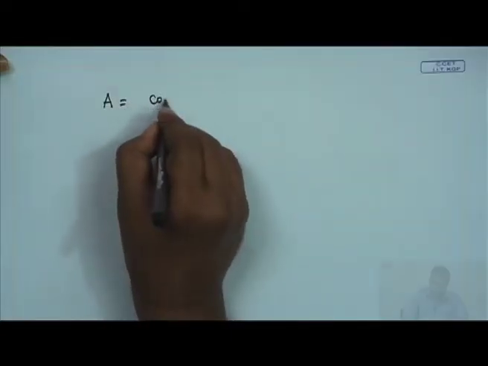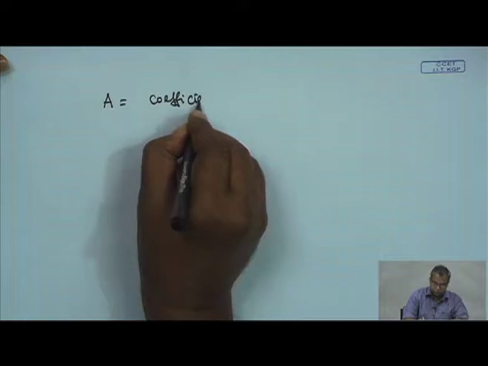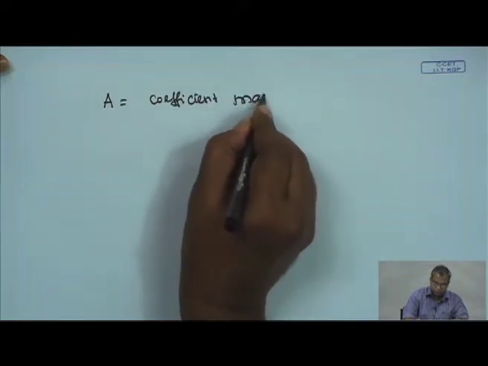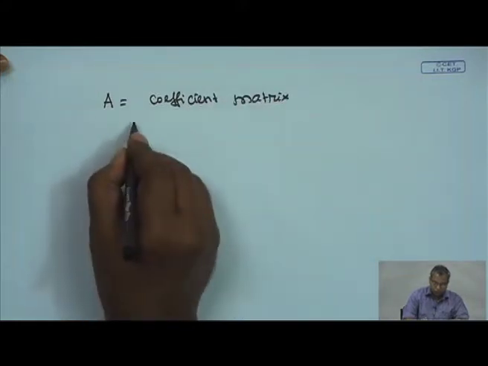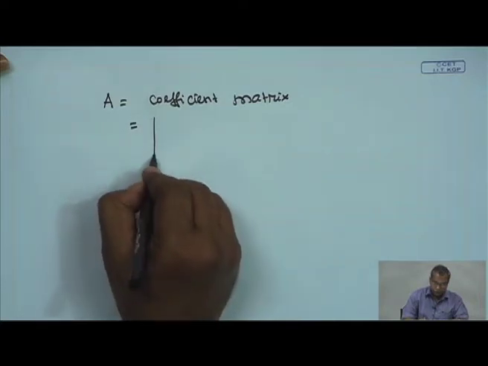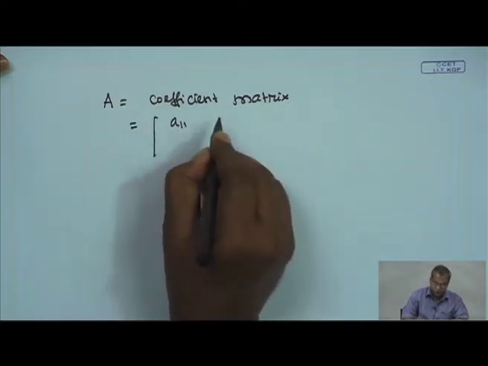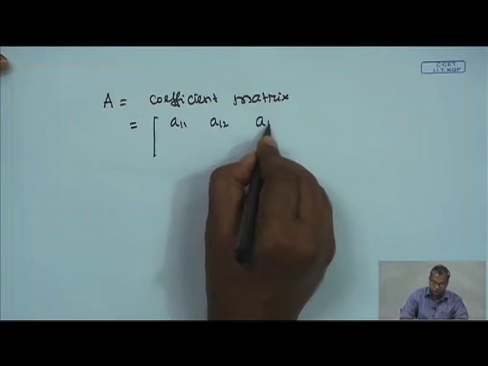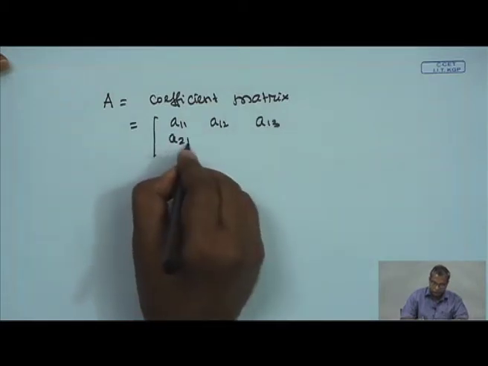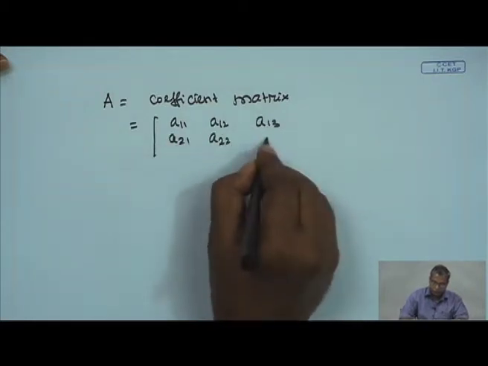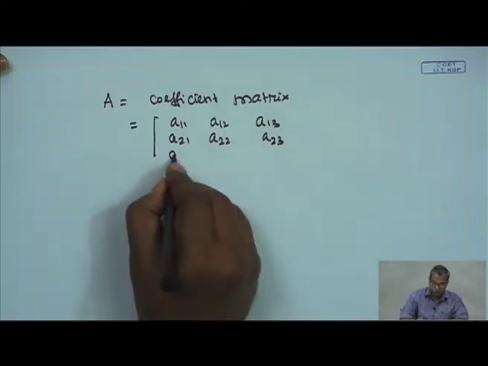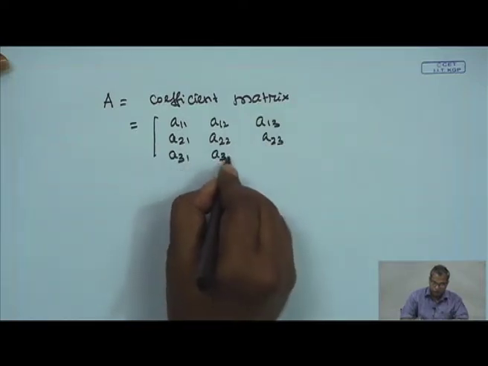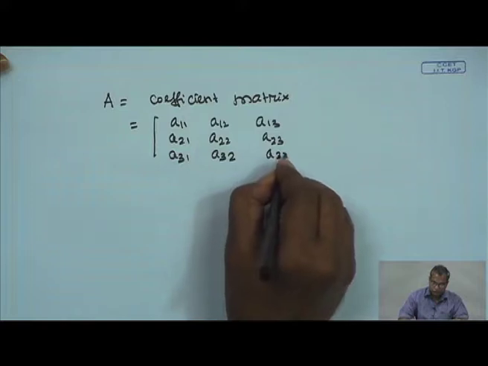Now, let us write down the coefficient matrix of these 9 terms. A becomes the coefficient matrix. The coefficient matrix will be nothing but a11, a12, a13, a21, a22, a23, a31, a32, a33.